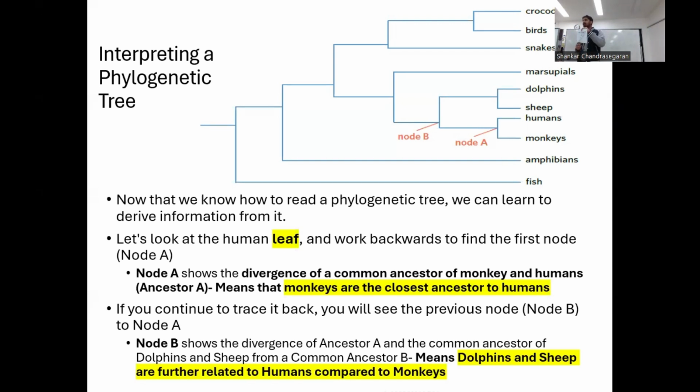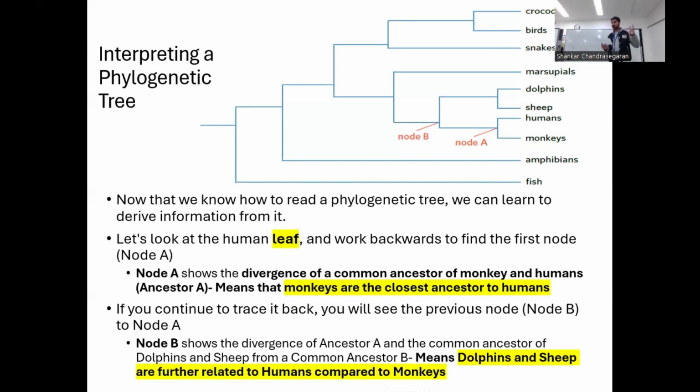But if I ask you to compare crocodiles and primates, their node appears much later down here, which means they are further related to each other, but they are still related.